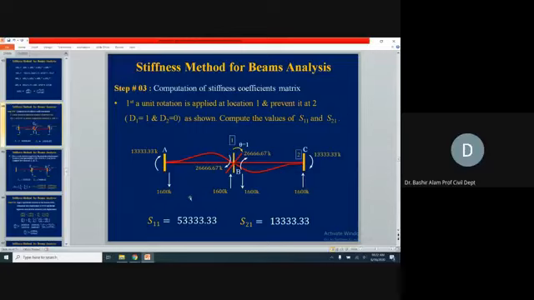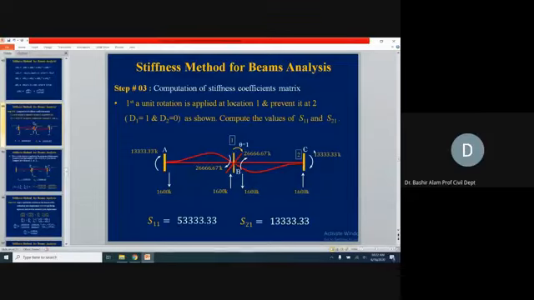Quickly you can do such kind of numbers: I multiply this by 1.5 and divide by the span 25. This way we are going to find out quickly. Simple mathematical operations, this is how you find out these member end actions.